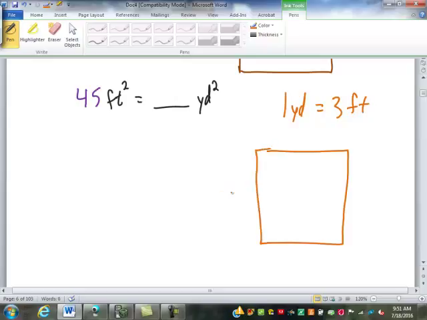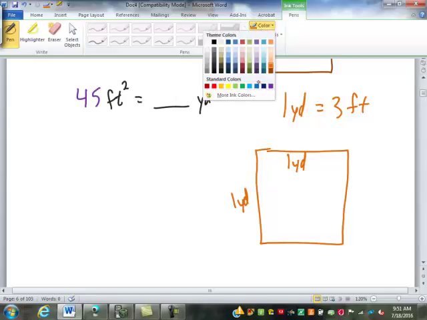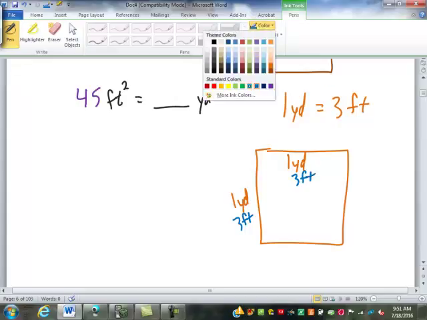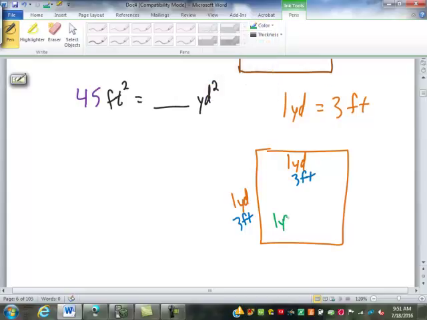A square yard is a square that is 1 yard by 1 yard, which is going to be 3 feet by 3 feet. So that 1 square yard is going to be 3 times 3, or 9 square feet.